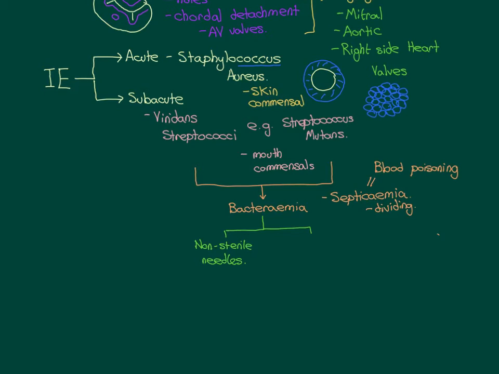Okay, how do you get viridans streptococci into the bloodstream, which are going to cause subacute infective endocarditis? Well, they generally get in through dental procedures. You see, when you have a dental procedure done, you bleed a lot, and that means that the viridans streptococci, these commensals in the mouth, can actually get into the bloodstream through the open wounds.